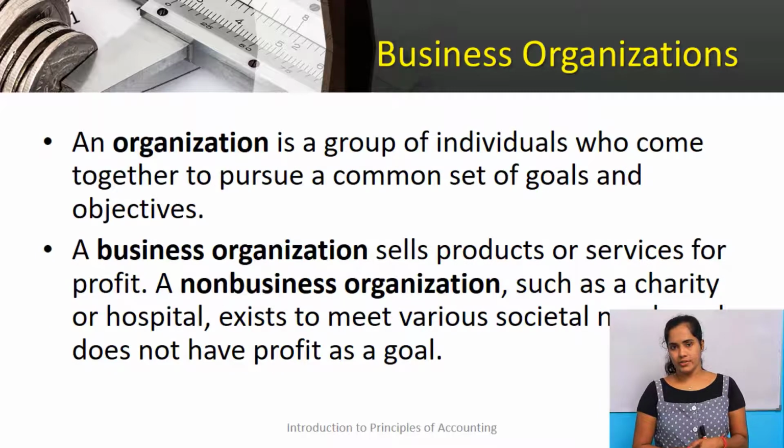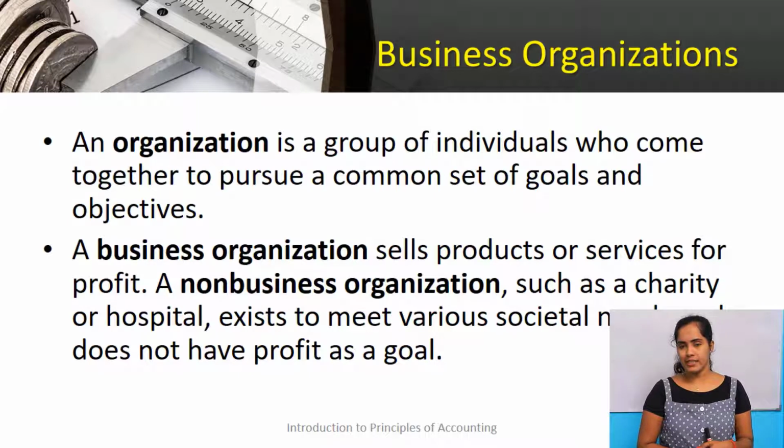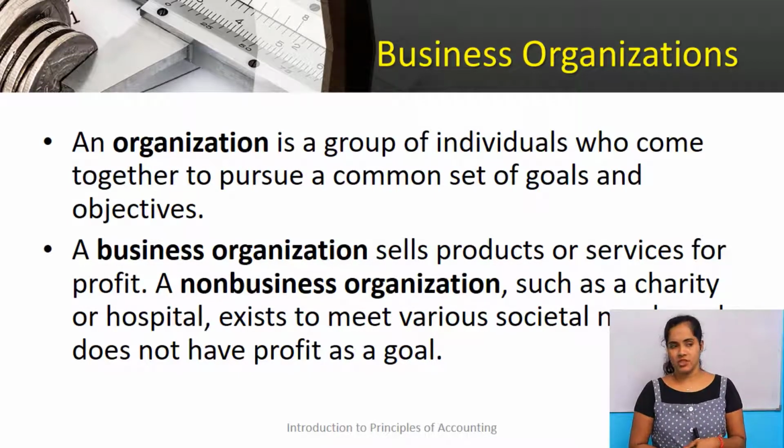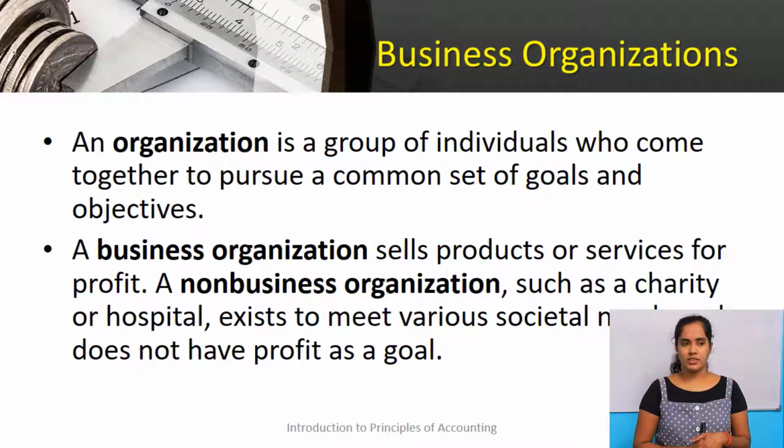Move to the next. In order to understand accounting, we should have a clear idea about what is an organization. We should have a clear idea about what is a business. So we will see them first. The organization, in that sense, is a group of individuals who come together to pursue collective goals and objectives.